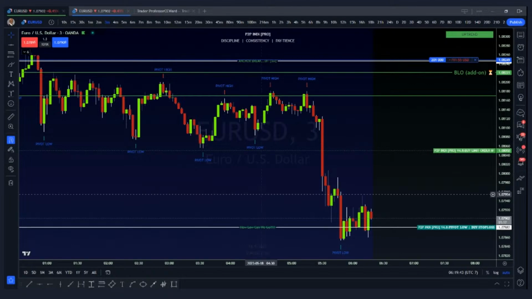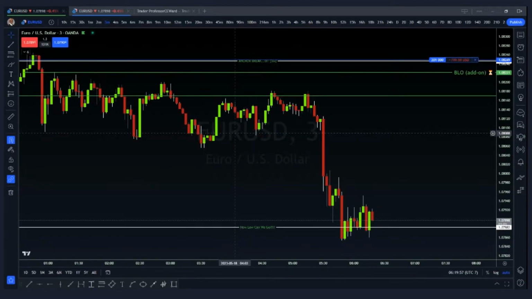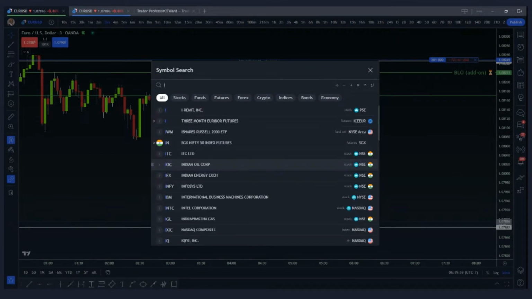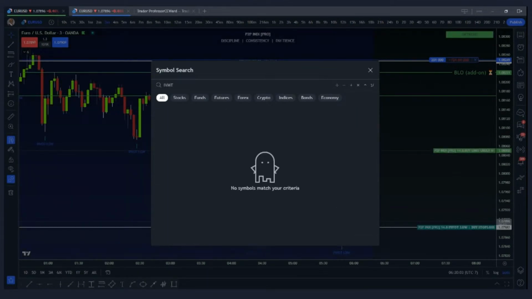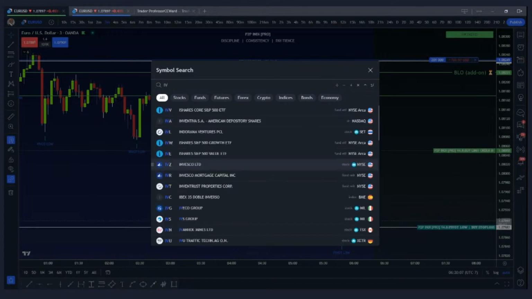Oh, now this screen is acting up. Save and reload. IMVT.